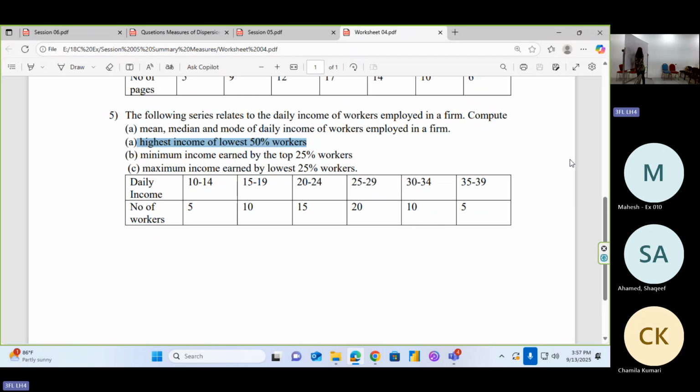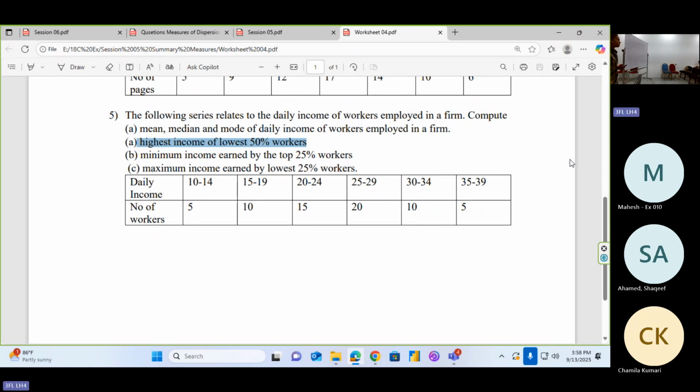3 into 65 divided by 4. What is the answer here first? Three into 65 divided by 4.